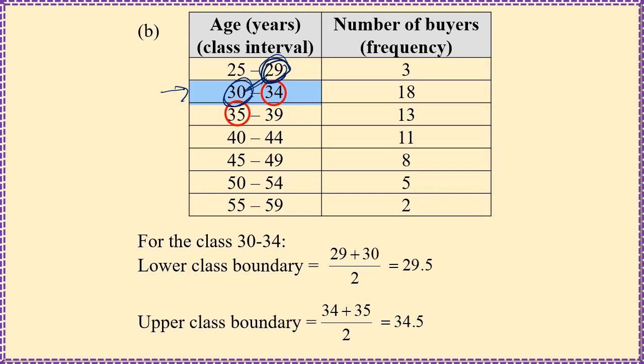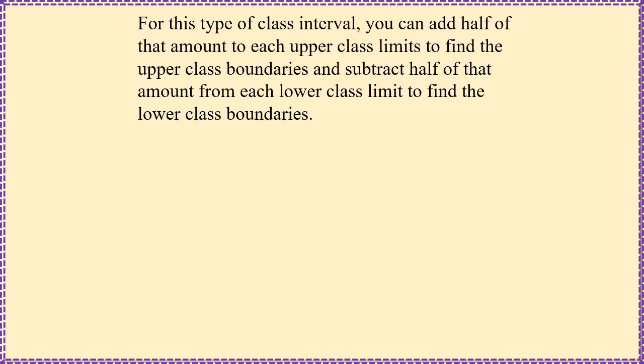So now we have to find the class boundary for each class, because the limit is not the same as the boundary. For this type of class interval, you add half of the gap to each upper class limit to find the upper class boundary, and subtract that amount from each lower class limit to find the lower class boundary. Here we need to add 0.5 or subtract 0.5.